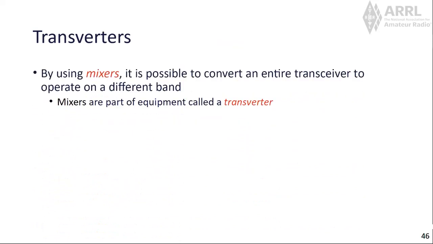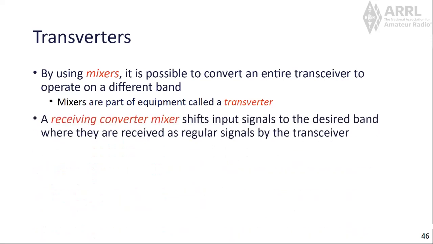Transverters. By using mixers, it is possible to convert an entire transceiver to operate on a different band. Mixers are part of equipment called a transverter. A receiving converter mixer shifts input signals to the desired band where they are received as regular signals by the transceiver.